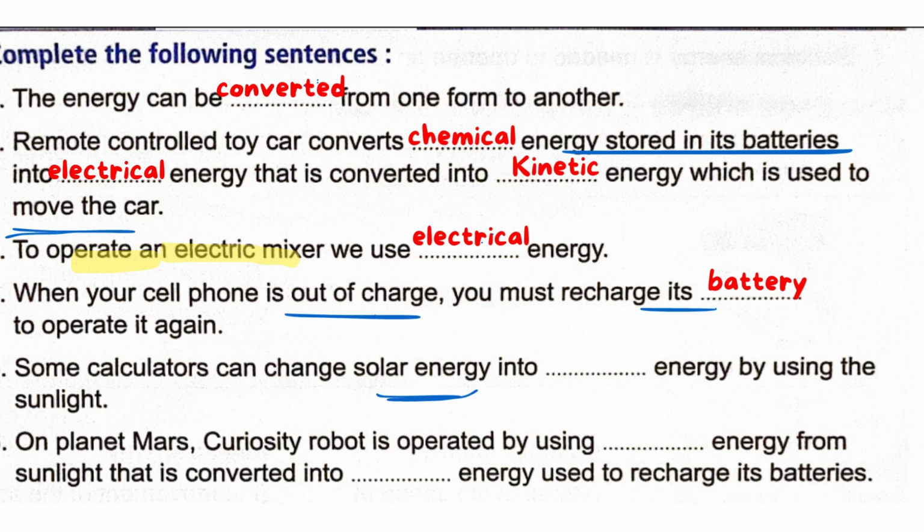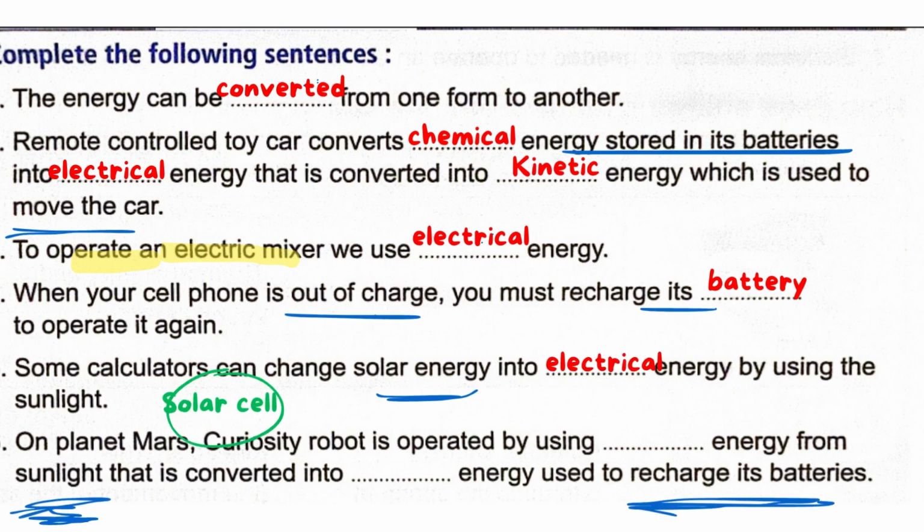And you remember why? Because they have a solar cell, and you know the solar cell and the solar panel make what? Yes, convert the solar energy into electrical energy. Okay, so the answer here: some calculators can change solar energy into electrical energy by using the sunlight.